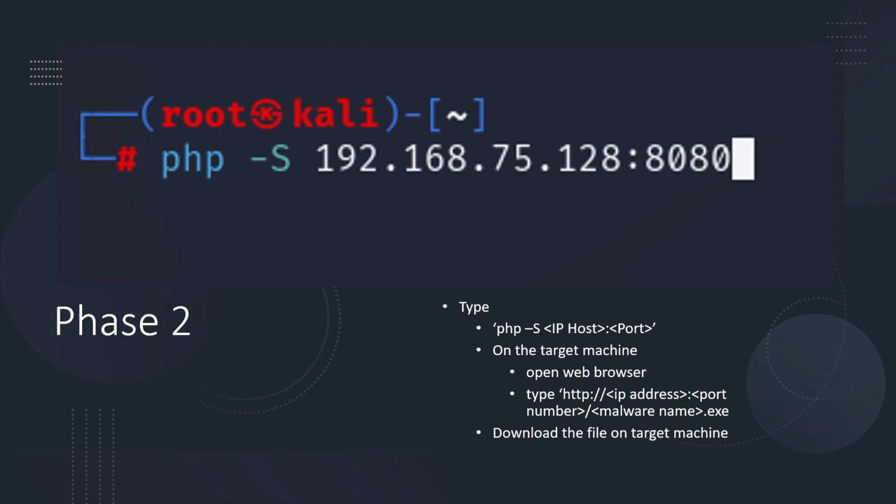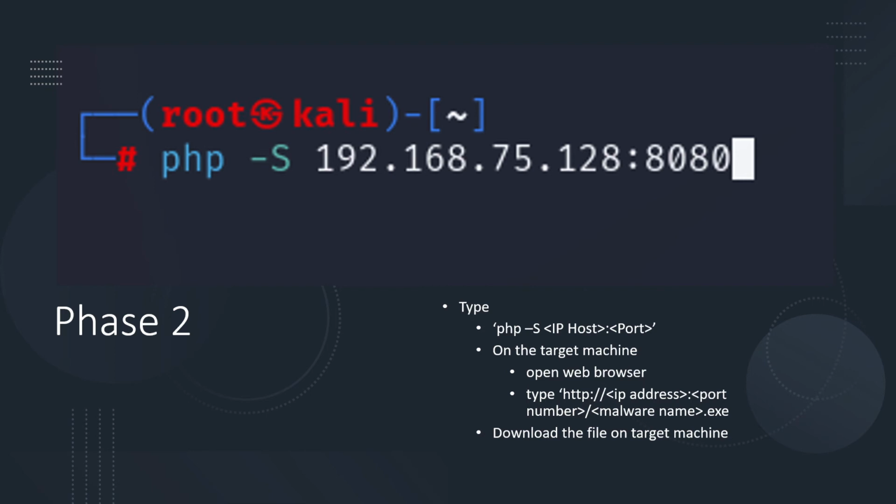So the next thing now is I want to create this server. So I'm just going to do php hyphen capital S, and then I'm going to put in the address of the machine, and also the port that I'm going to open to host this particular site. So I'm using port 8080 to host this particular site.